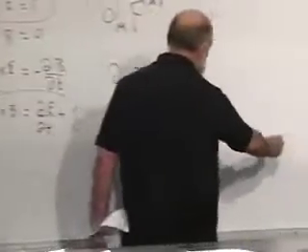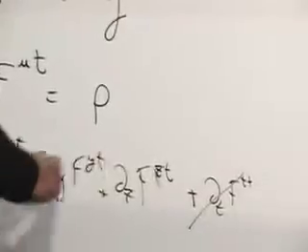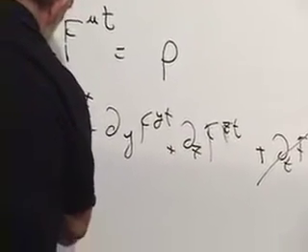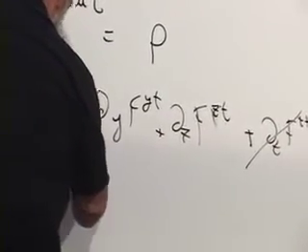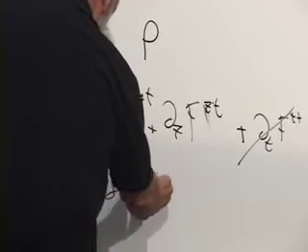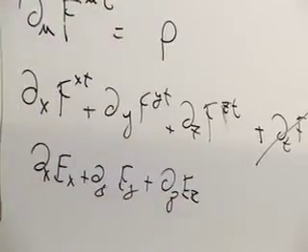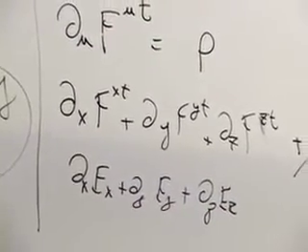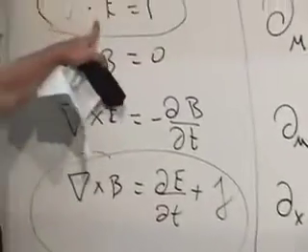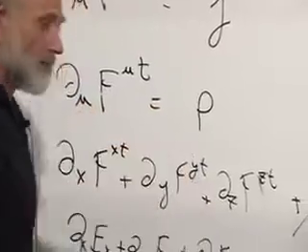So this is 0. Now what is Fxt, Fyt, and Fzt? Those are the components of the electric field. So what is this? This is just dx Ex plus dy Ey plus dz Ez. In other words, it is del dot E. The left-hand side is just del dot E, and the right-hand side is rho.